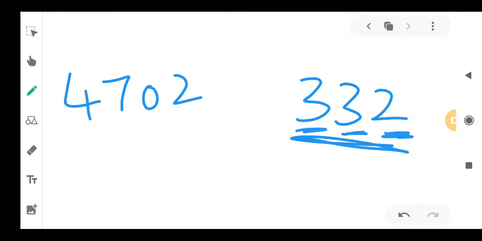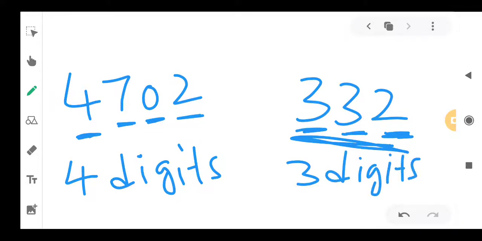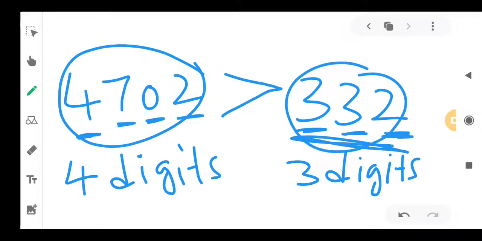And in this one there are units place, tens place, hundreds place and thousands place. So there are 4 digits in this one, and only 3 digits in this one. So naturally it is bigger than this. So we have to put a greater than symbol.